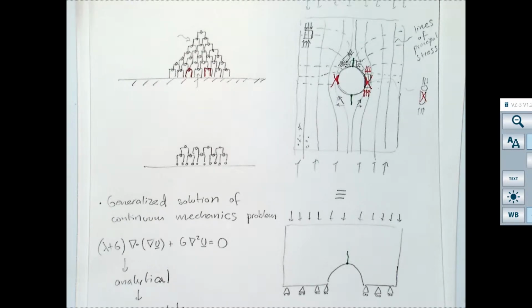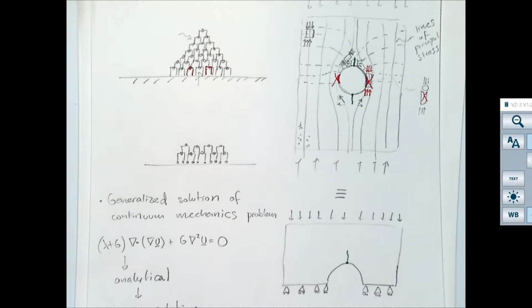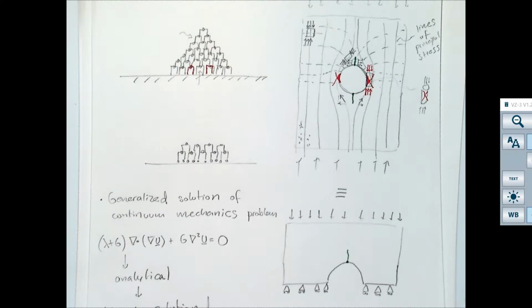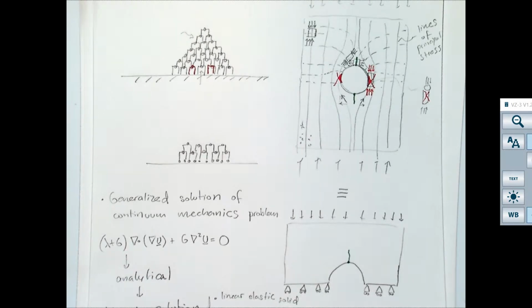It's very important that you remember that this Kirsch solution is a little bit limited in its analysis. It has an analytical solution because there are many assumptions in here that you need to make in order to make the problem easier. So first of all, we're assuming a linear elastic solid. Second, you assume that your rock is homogeneous.